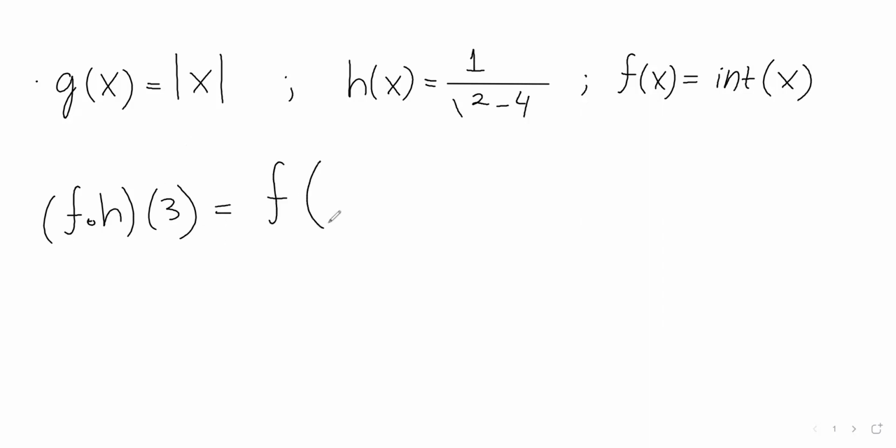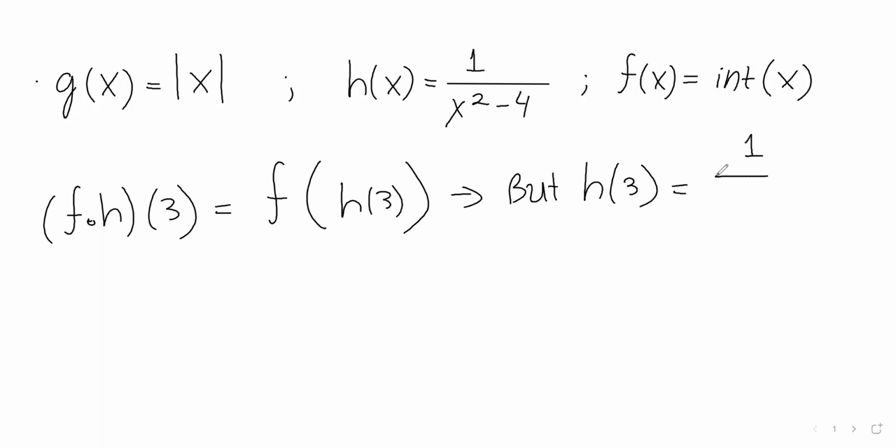Instead, off to the side, h of 3 would be 1 over 3 squared minus 4, because I'm plugging it into equation h. So I'll show my work the first time: 3 squared is 9, 9 minus 4 gives me 5.